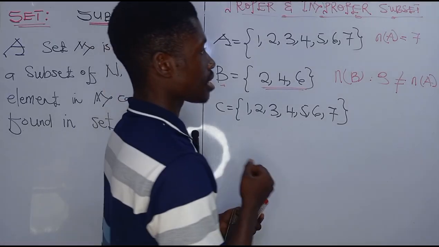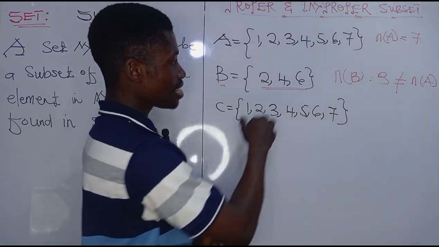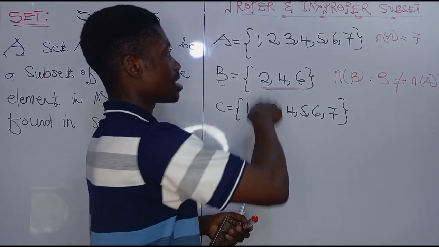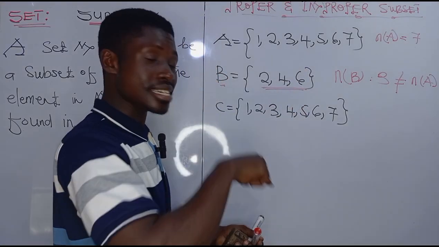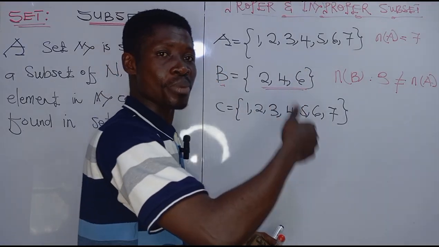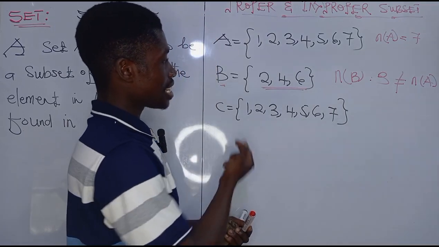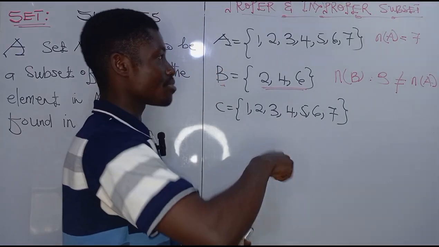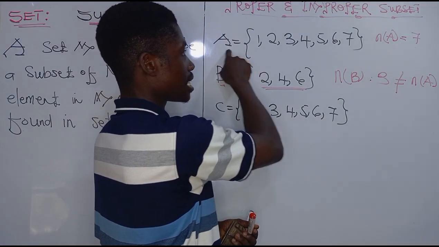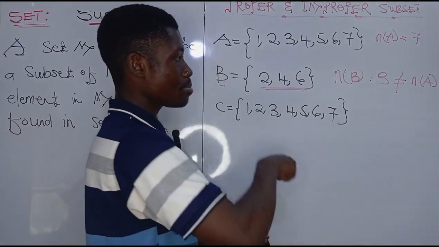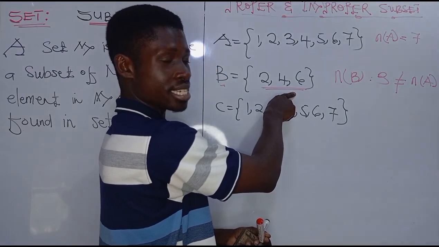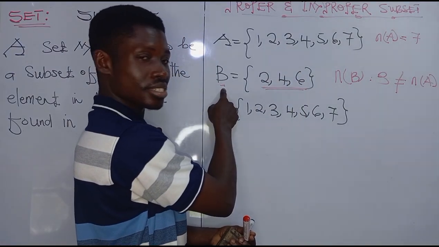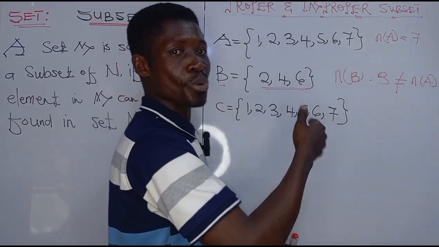Let me say it again. With proper subsets, if the number of elements in the subset is not equal to the number of elements in the superset, then we can say that that subset is a proper subset. The number of elements in the subset B is 3, and the number of elements in the superset A is 7. The number of elements in the subset B is not equal to the number of elements in the superset A. Therefore, subset B becomes a proper subset.